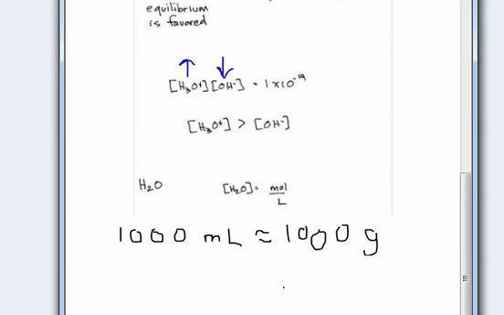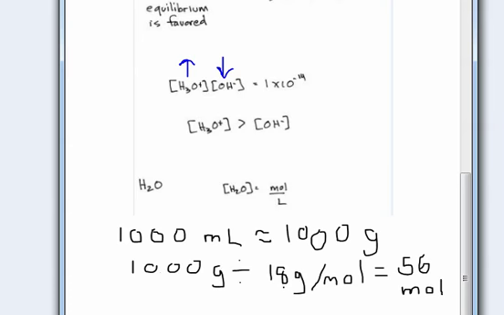And so we can calculate how many moles are in 1,000 grams. So if we divide 1,000 grams by the molar mass of water, approximately 18 grams per mole, we end up with 56 moles. So the concentration of water is 56 molar, which is way greater than any of the other species.